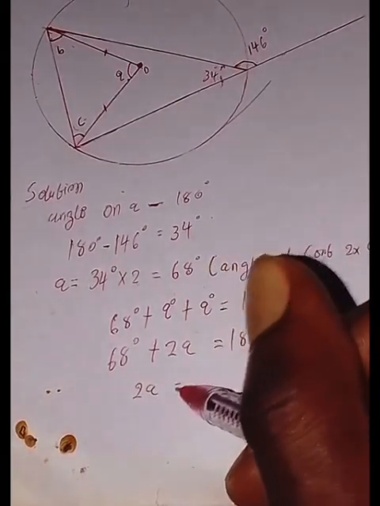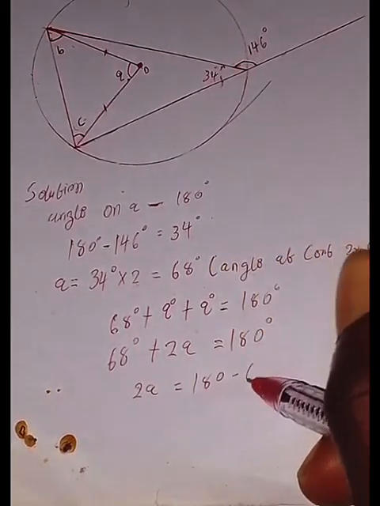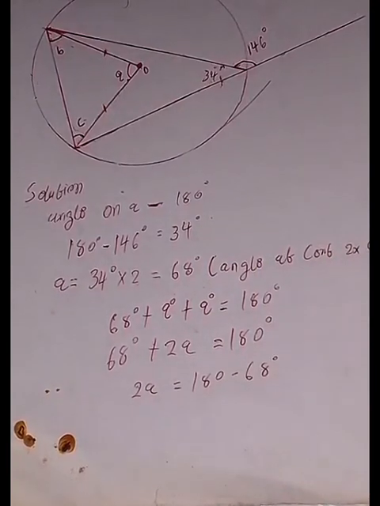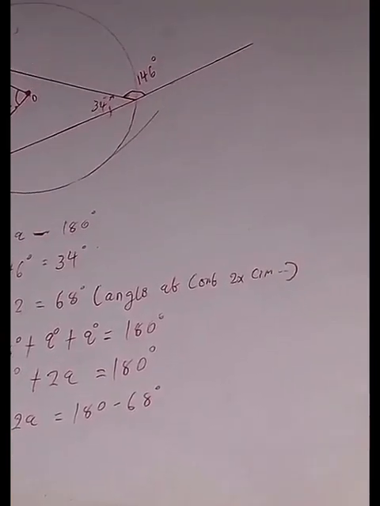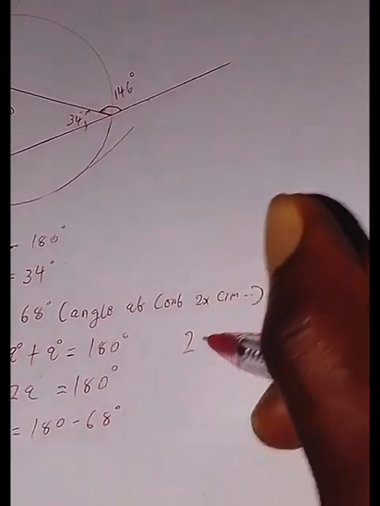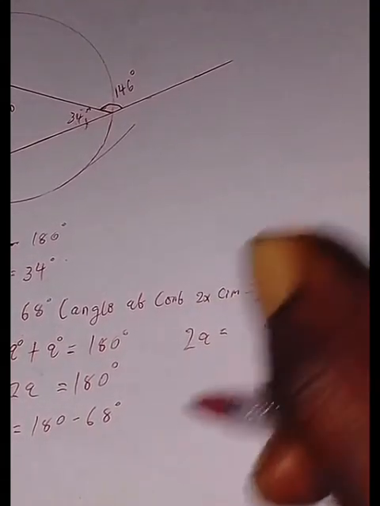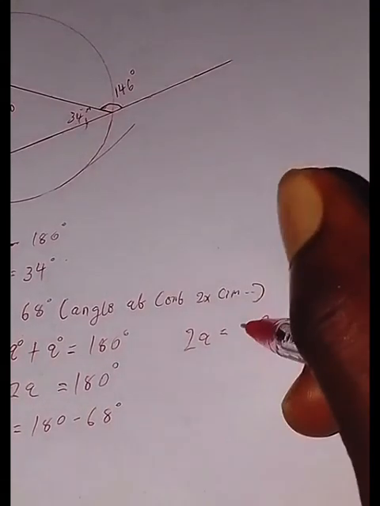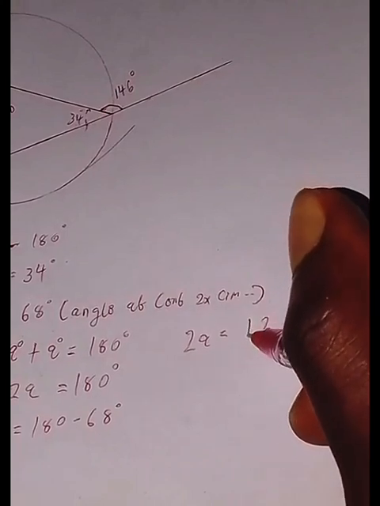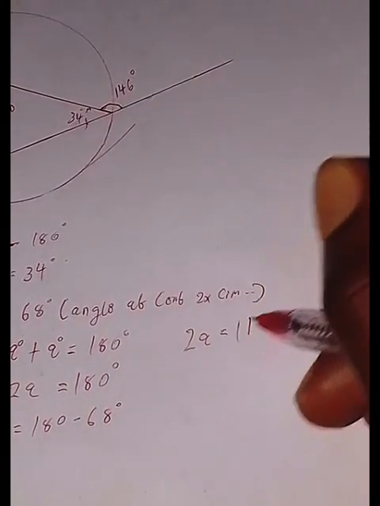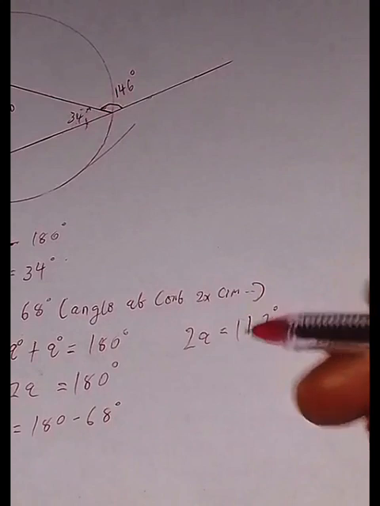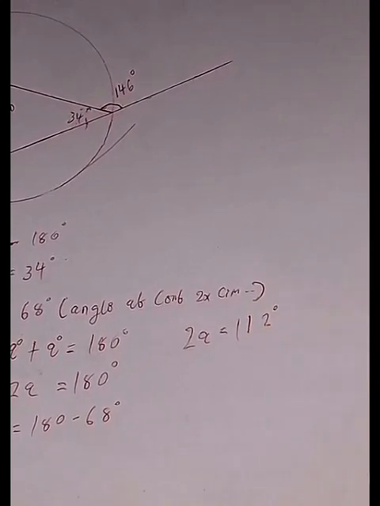When we collect like terms, we have 180 minus 68 degrees. So 2A equals 112 degrees.